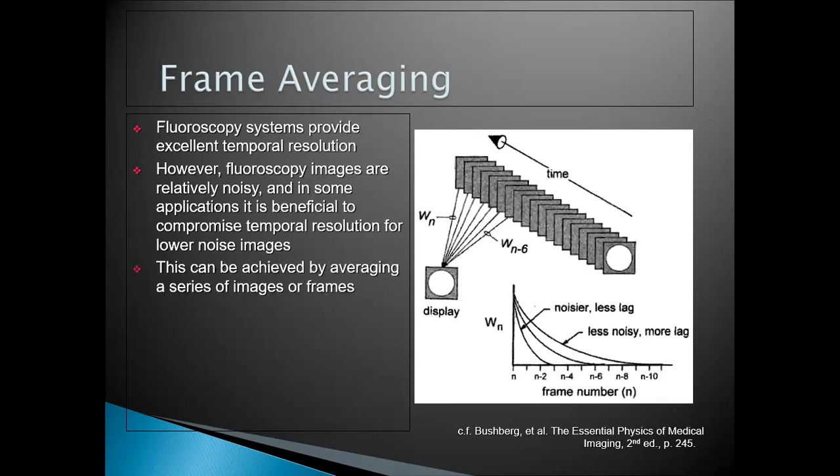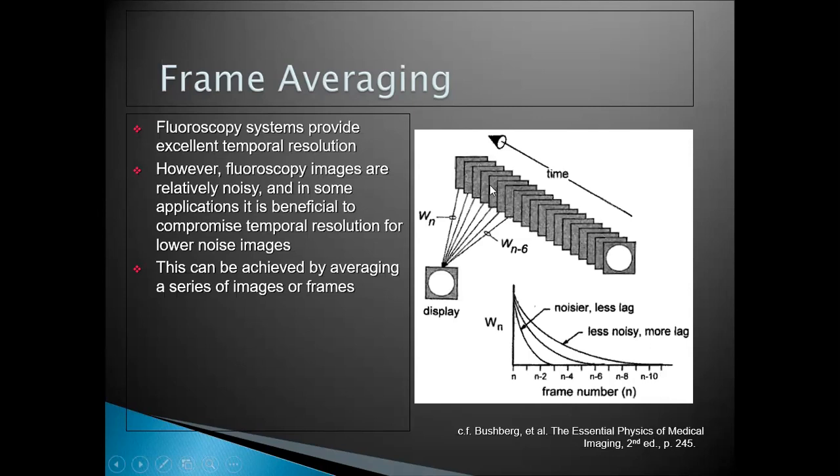In frame averaging, what happens is, assuming this is the frame that we should actually use, this frame here is the one that provides more of the information.